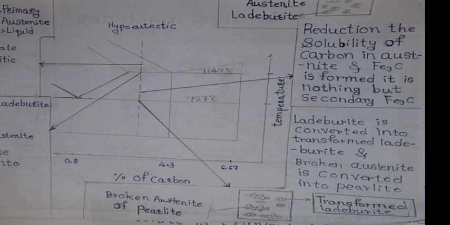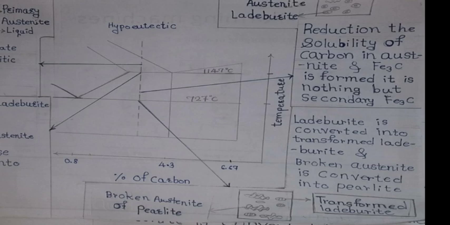The transformed ledeburite is obtained from ledeburite. In the ledeburite, the mixture of cementite and austenite, and this eutectic austenite is converted into pearlite, and this overall mixture is nothing but transformed ledeburite.